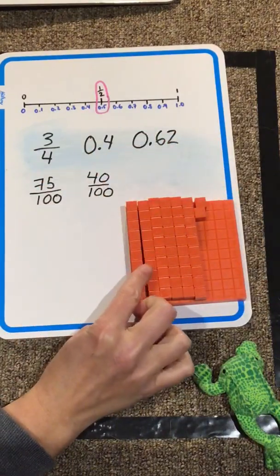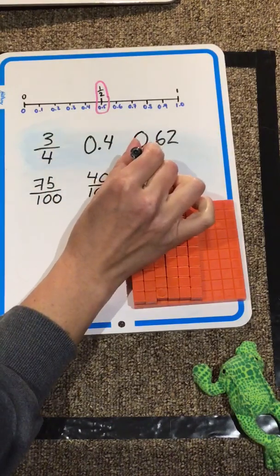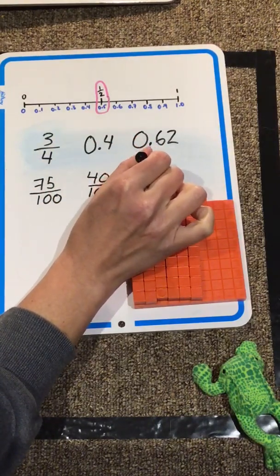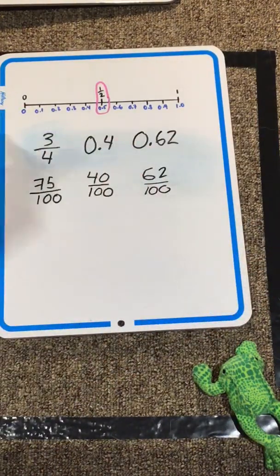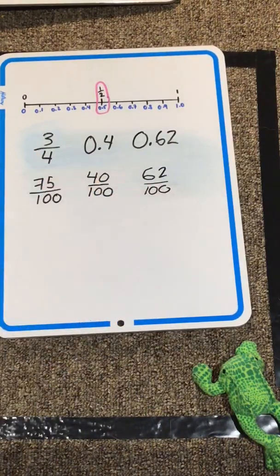All right, 10, 20, 30, 40, 50, 60, plus 2 more, 62 100ths. Okay, so now I can figure out which one is the most stuff, because they're all talking about hundredths, so now we can compare the same things.